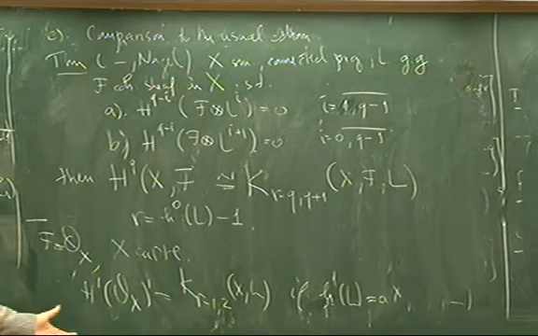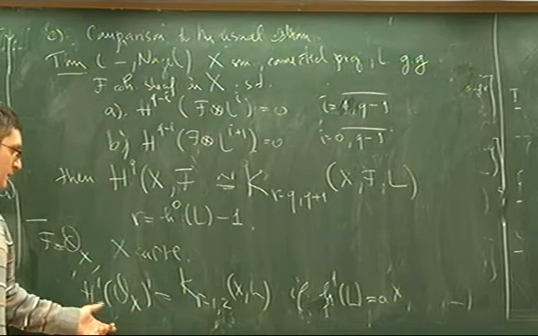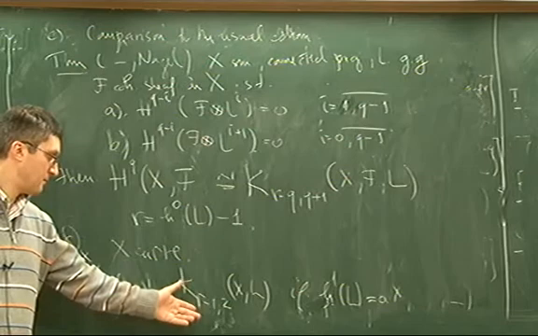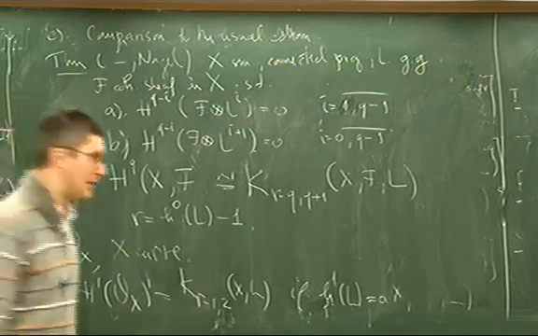So, in other words, the genus of a curve can be read off Koszul cohomology of that curve with values in any non-special line bundle.